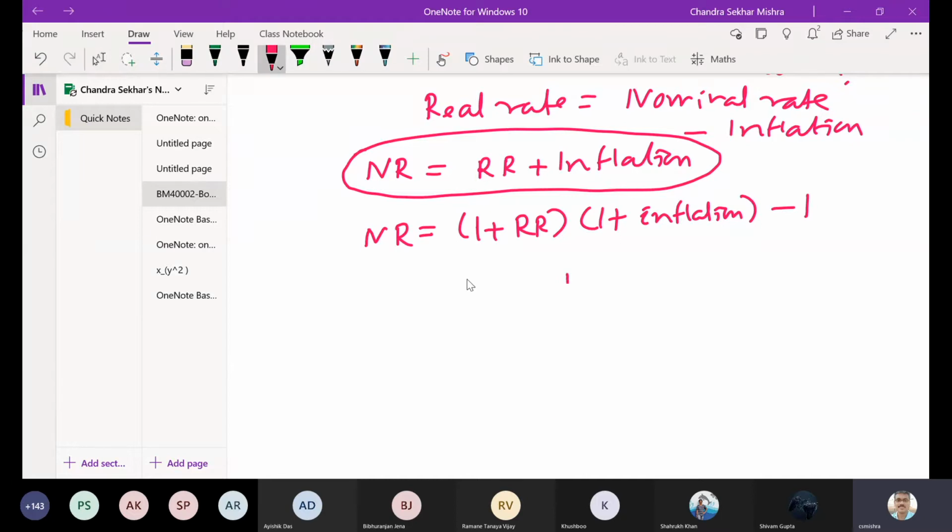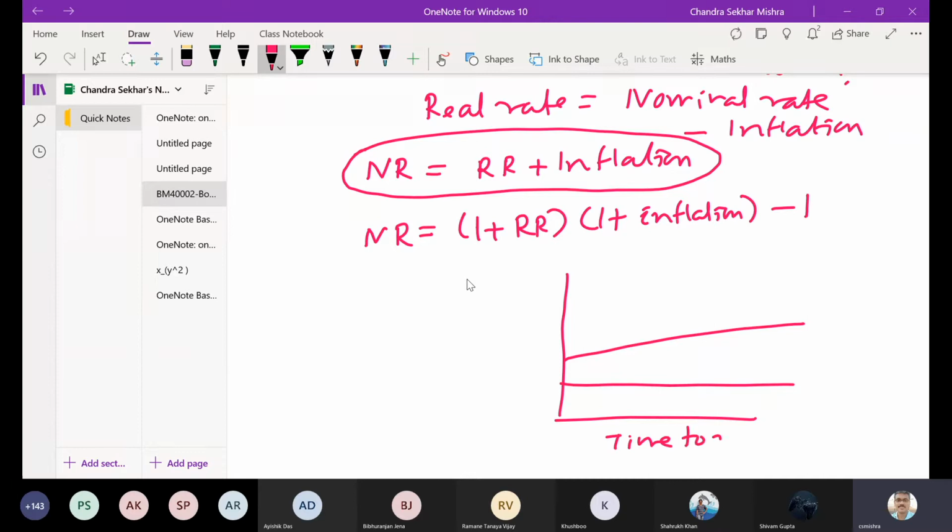So if I do a graphical method, let's say I have the real rate, then I have inflation added. This is time to maturity. This is there in the slide also. This is your interest rate, and then you have the interest rate risk premium. So this is the inflation premium.